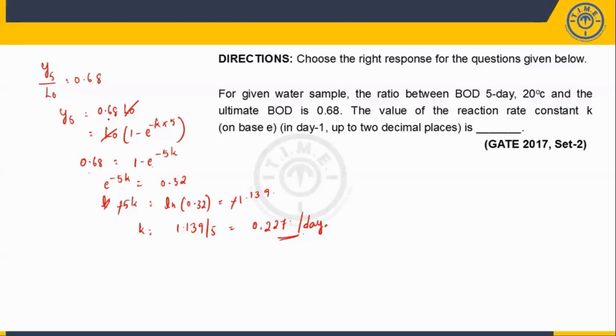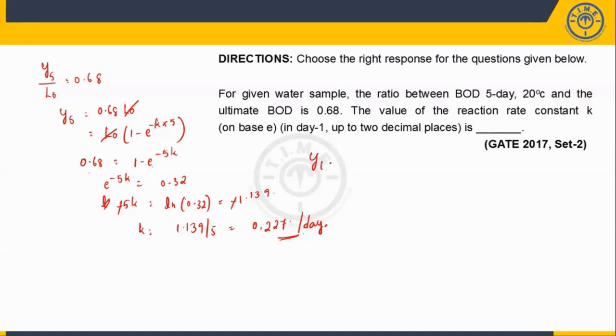After that I got an equation 1 minus e power minus 5k equals... Then you should have substituted. Okay, I understood what you are writing.